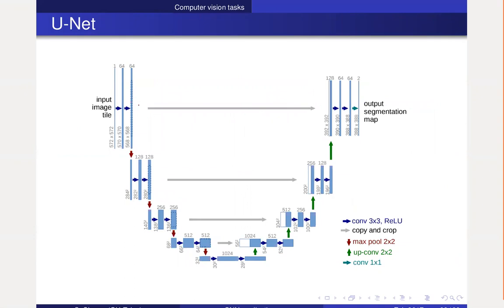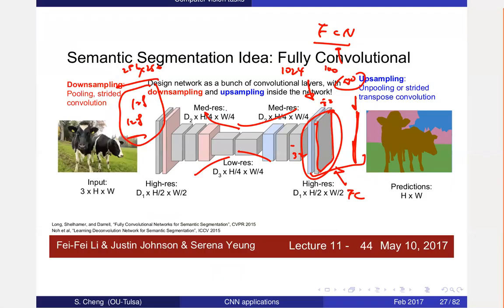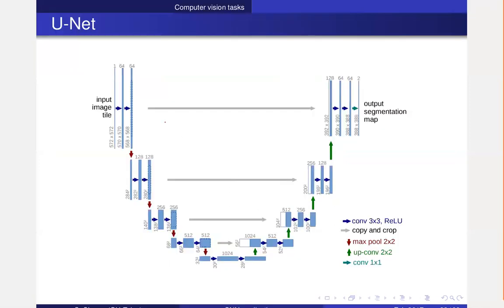This was introduced in the medical community for segmentation as well, and it's a very similar idea, as you can see in this network here. You also have downsampling and upsampling.